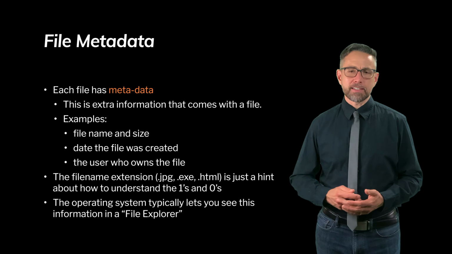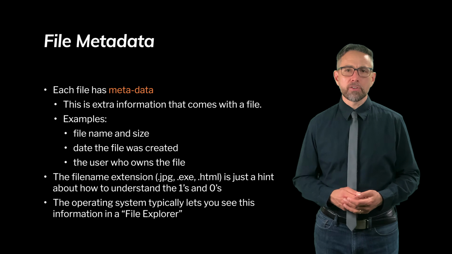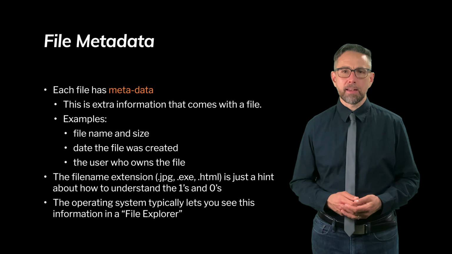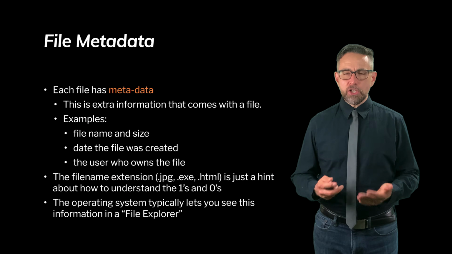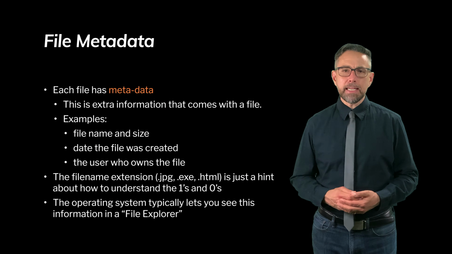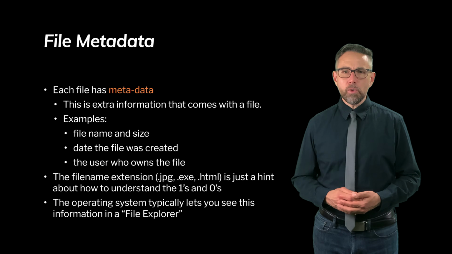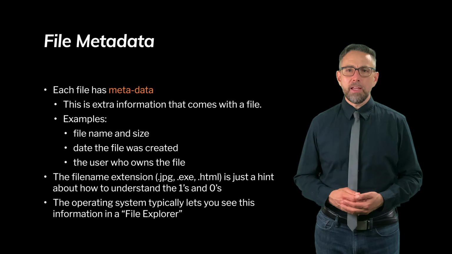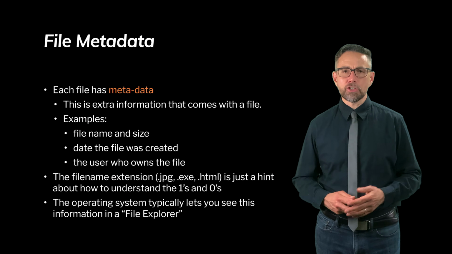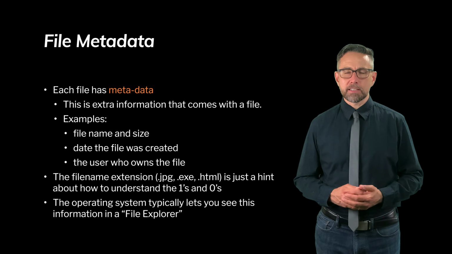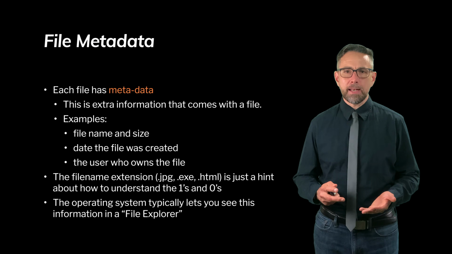It's just a hint to the operating system about how to understand the zeros and ones that are inside it. So for example, if you had a JPEG file and you changed the file name and you put exe on the end of it, that wouldn't make it an executable file. It would just change the file name. And if then you changed it to JPEG and changed it back, none of the contents of the file would change. You would have just changed the metadata.